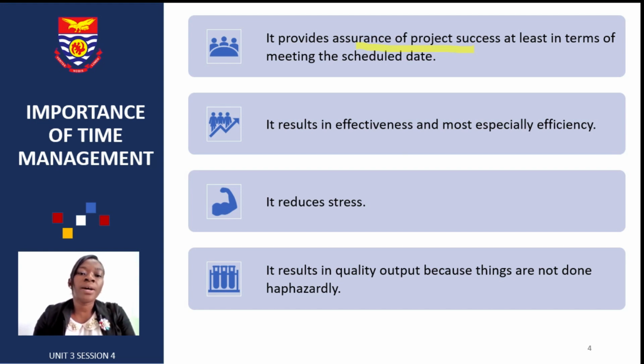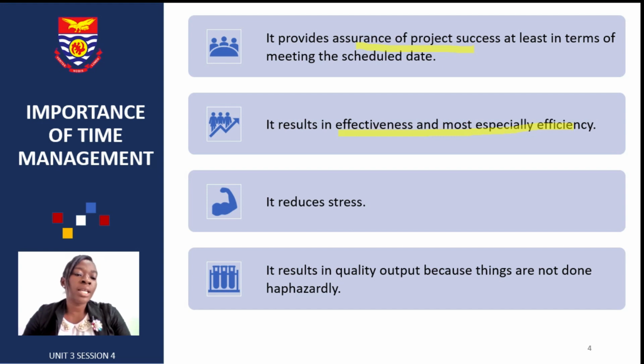It also helps you when it comes to effectiveness and efficiency. Effectiveness is about you being able to achieve your target. So if your target was to introduce a new product into the market, and you've been able to do that, that is bravo, that is effectiveness.